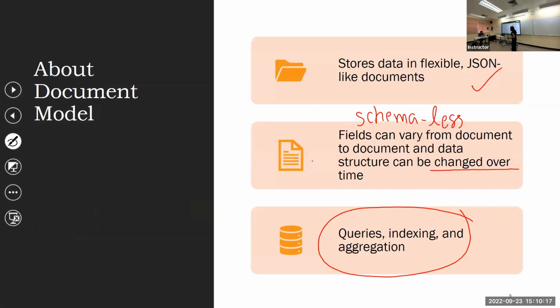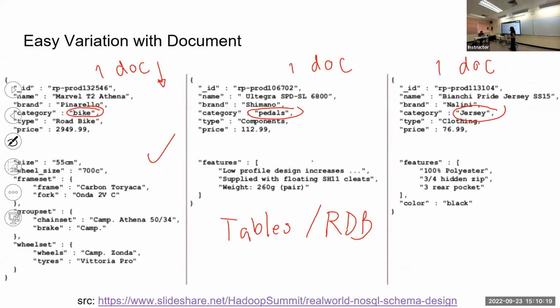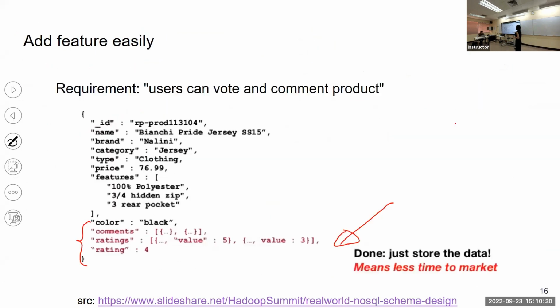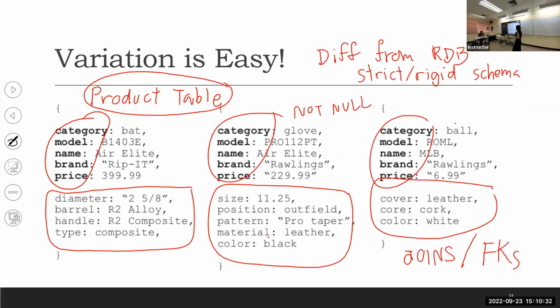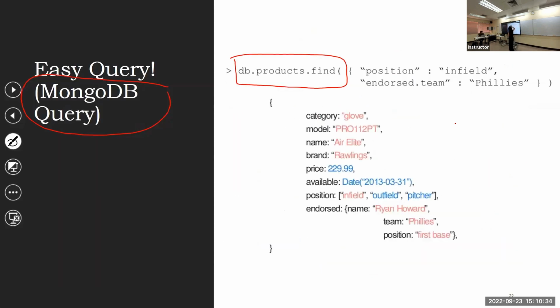So this one document and another document together in the same file as a collection. So once you want to find something, so this is the database. This is the collection.